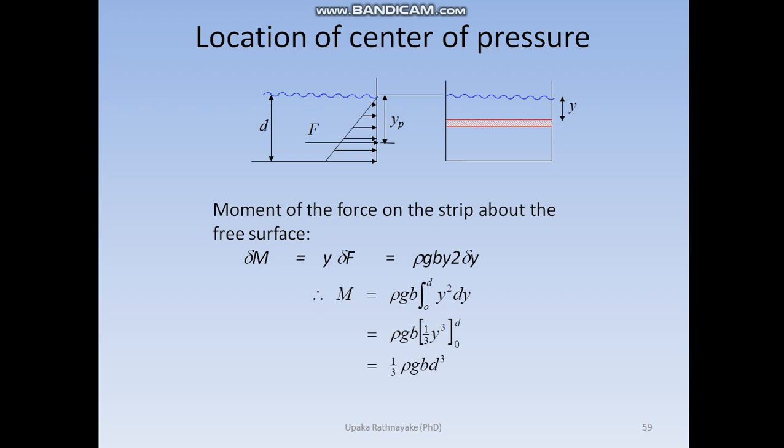Now that is when we consider a small strip and calculate the moment, then calculate the total moment by integrating over the total depth.